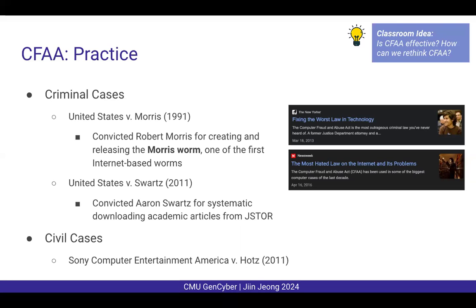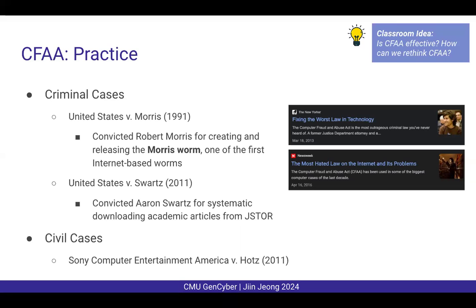It's also being used in civil cases, not just criminal. So there was a case in 2011 between Sony Computer Entertainment America and Hotz for jailbreaking and reverse engineering the PlayStation 3. So the CFAA is pretty important in dealing with computer crimes.